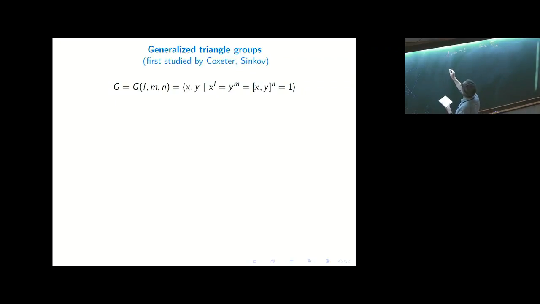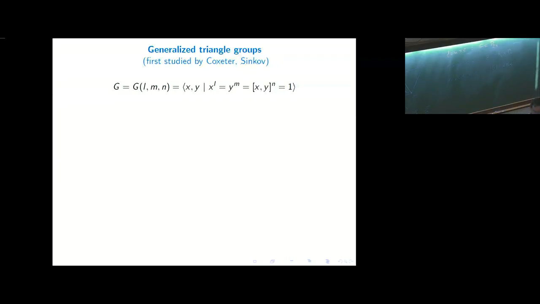And if L equals n equals 2 and M equals 3, the group, seemingly, I checked this in GAP, is A4 direct product C2. And if L equals M equals 3 and N equals 2, the group is of order 288. And then it's a theorem that for all other values of M, the group is infinite.